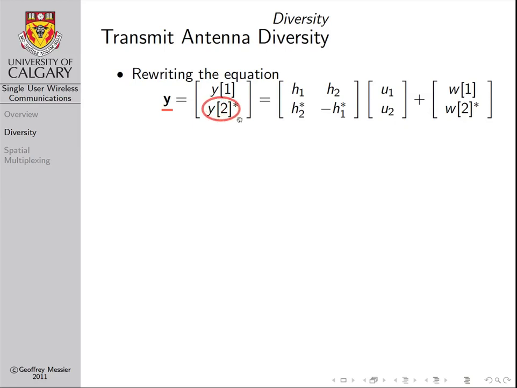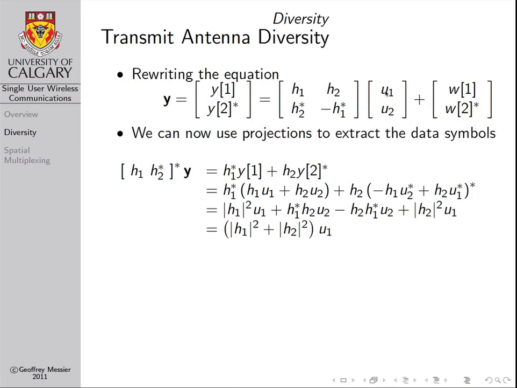First of all, we're writing the equation for the conjugate of y2 rather than y2 itself. And you can see over here we've formed a square channel matrix that is multiplied by a vector of our information symbols. So basically it's these information symbols U1 and U2 that we want to recover from our received time samples Y1 and Y2.